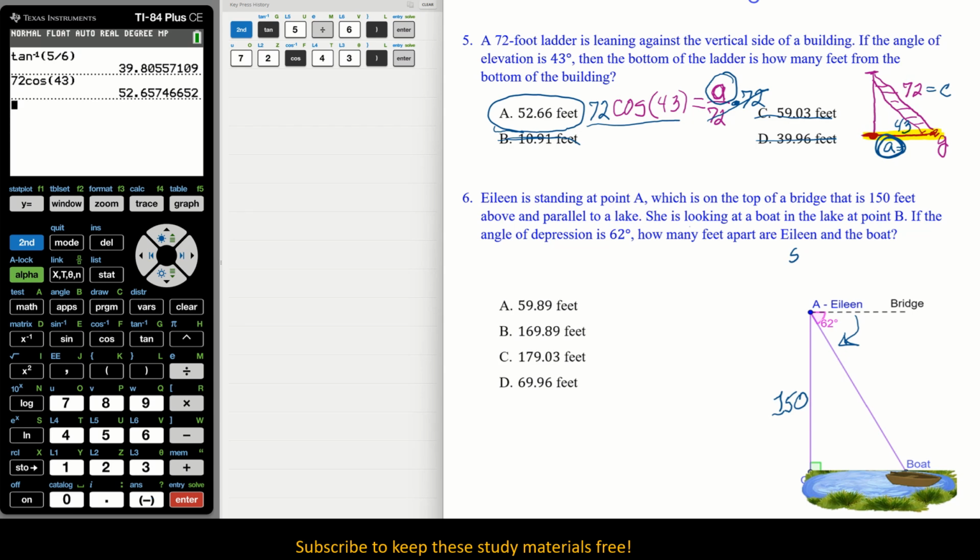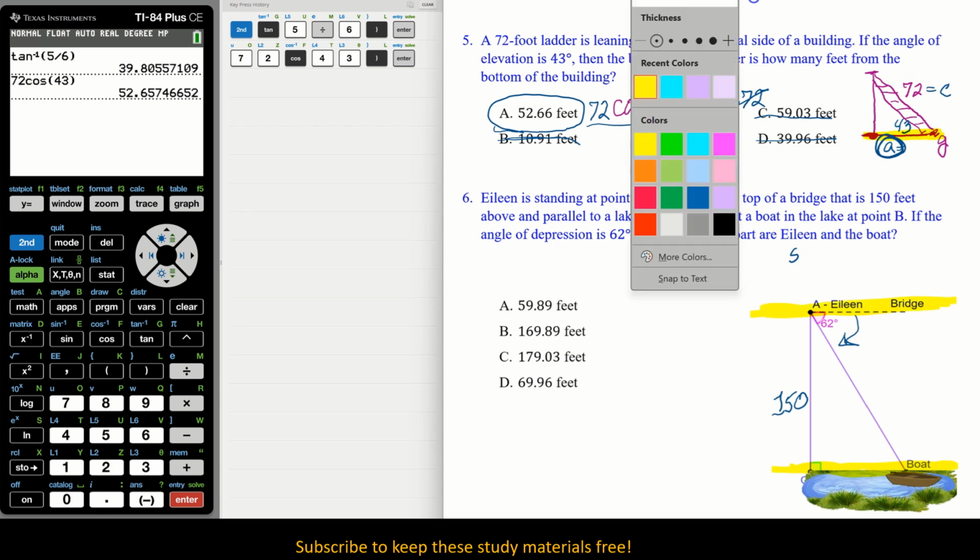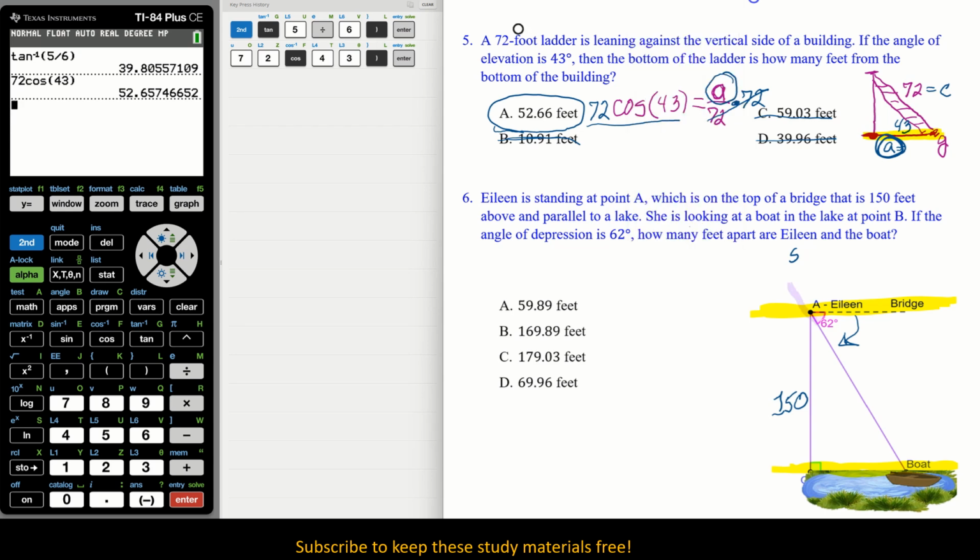They had to tell you that the lake and the bridge are parallel. And that gives you this particular angle here, because her line of sight, she's looking down, that's her line. We could call that a transversal, like it's intersecting.